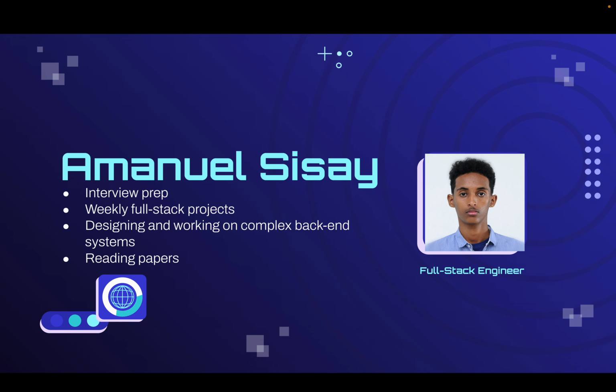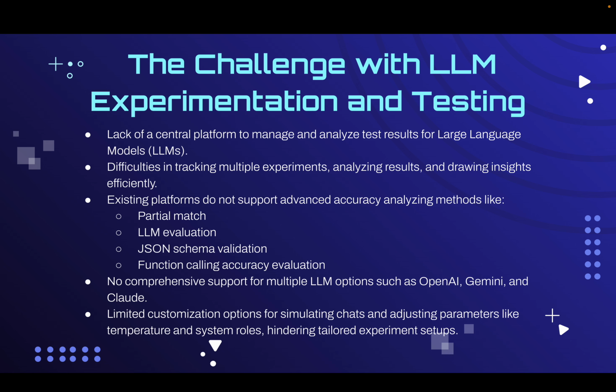Okay, so what's the challenge? The challenge is when we are experimenting with LLMs, there are a lot of things. For example, we want to have an experiment, and under that experiment, we want to run different queries, and each of the test cases can have different criteria. For example, we might want an exact match.